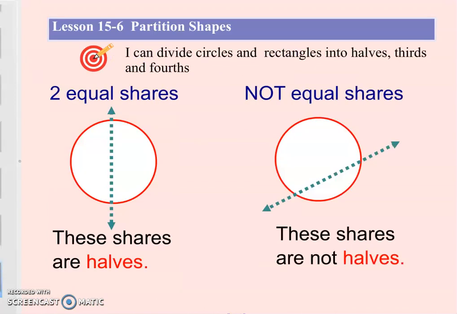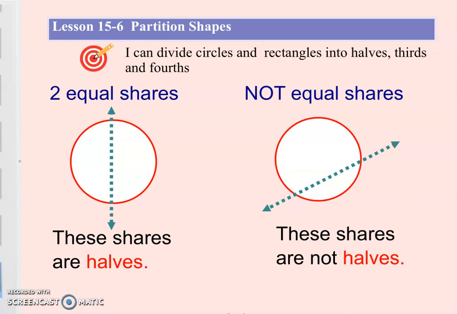I can divide circles and rectangles into halves, thirds, and fourths. So as you see here, there is a circle, and it clearly shows that this circle is divided into 2 equal parts. And so it's correctly divided into halves. Let's take a look at the other circle on the right.